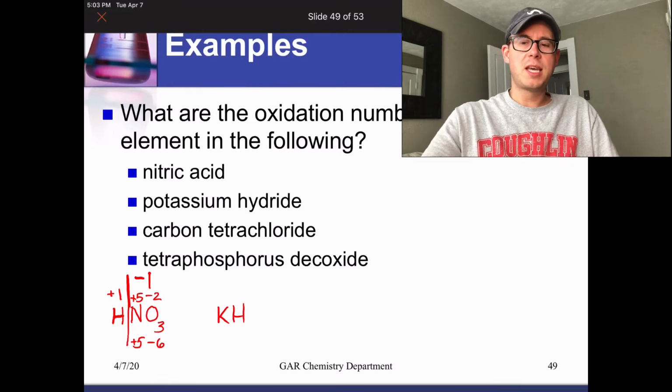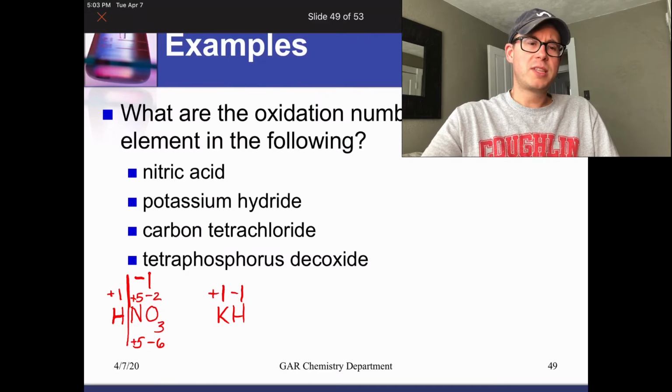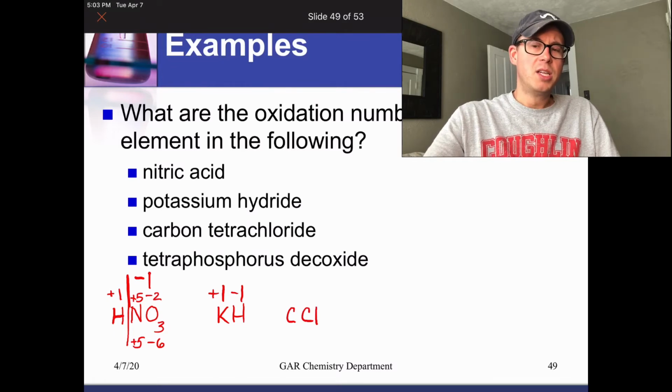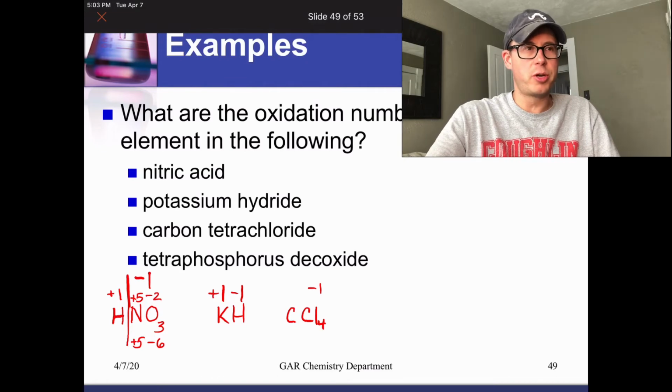In our third example, carbon tetrachloride, we don't have any of the 3 special elements, fluorine, oxygen, or hydrogen. So we start with the second element, which is the more electronegative, and we pretend it's an ion. What is the charge of chlorine as an ion? -1. So the oxidation state of chloride is -1, and there's 4 of it, so that totals a -4 for all of the chlorines.